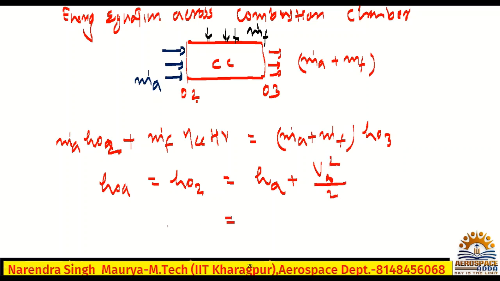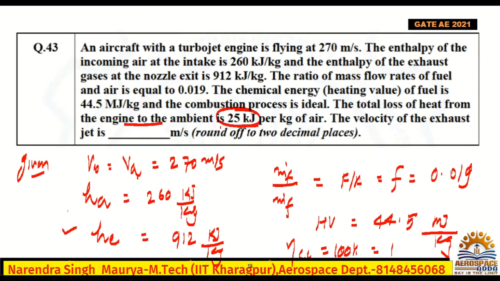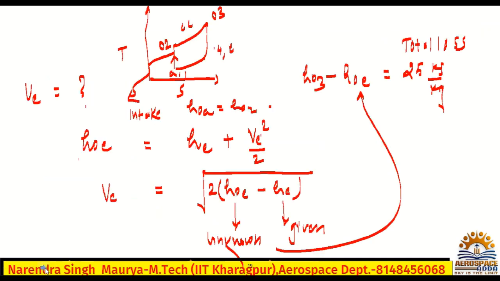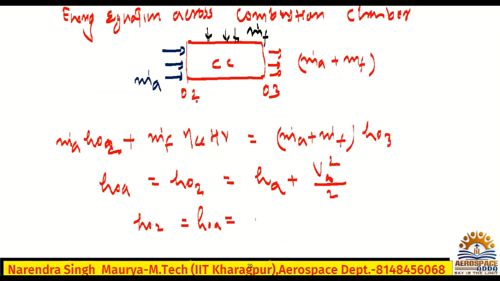See why I am writing this? Because I need to calculate H naught 2, which is nothing but H naught A. And HA they have given to us. How much? Check. HA they have given 260 kilojoule per kg and velocity 270. So I must write this value, 260 kilojoule plus 270 square by 2, yes or no? This value we have to calculate.